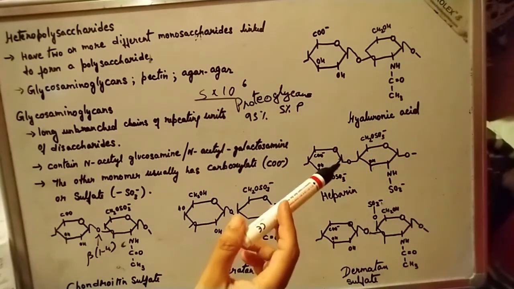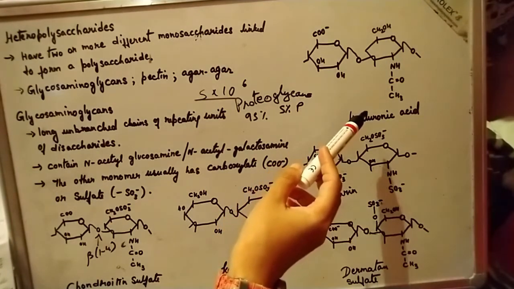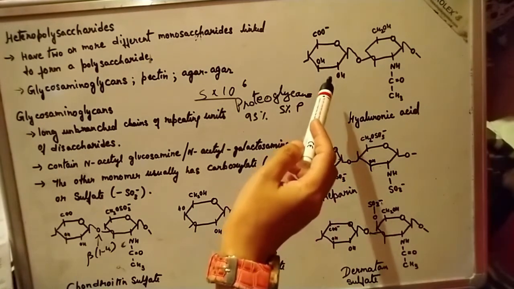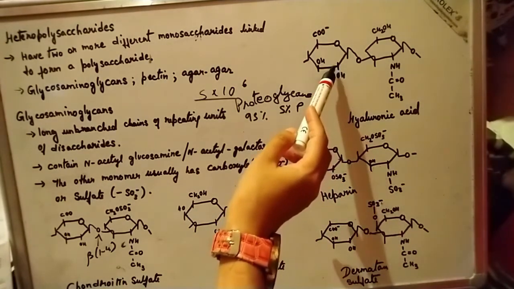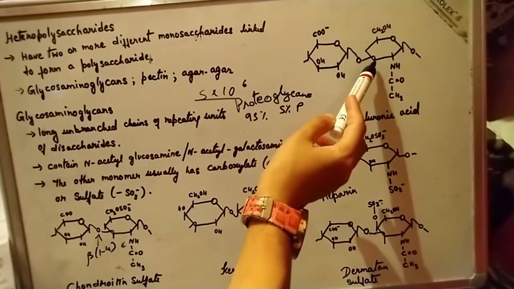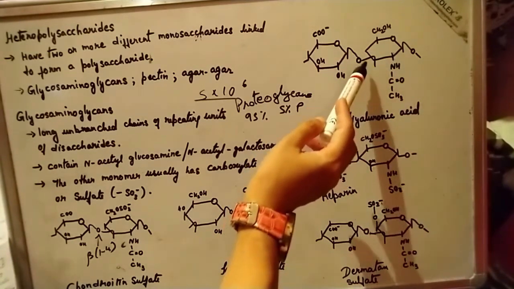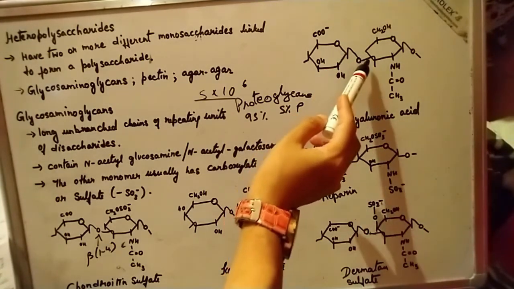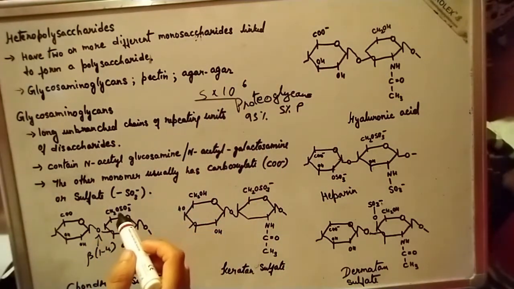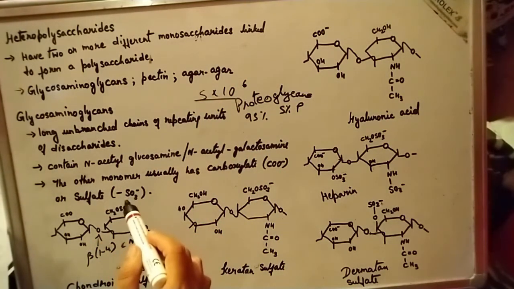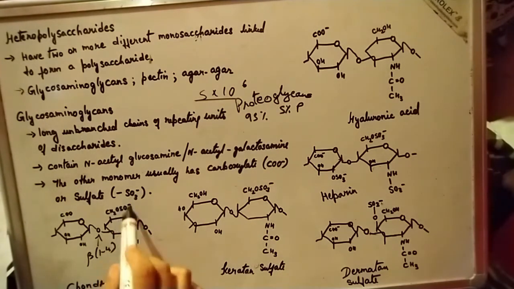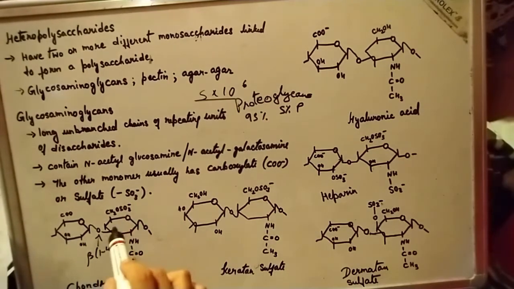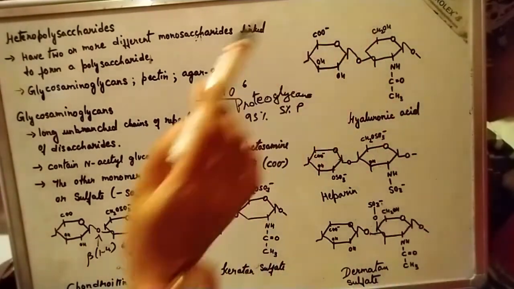Thus it is referred to as beta-D-glucuronic acid 1,3 N-acetyl galactosamine, because the glycosidic bond is between carbon number 1 and carbon number 3. So the difference is just that in chondroitin sulfate we have a sulfate group in this N-acetyl galactosamine, whereas here it is absent.